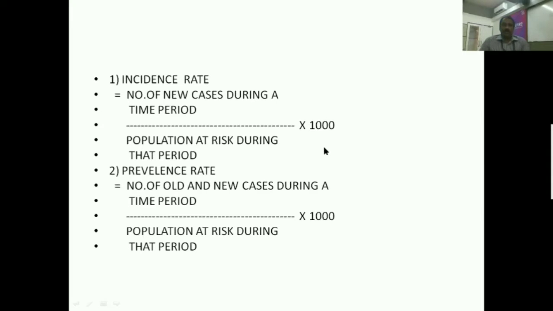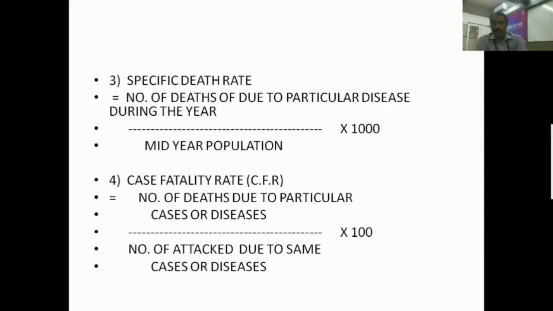The next one is the prevalence rate. In the prevalence rate, we are going to consider both old and new cases. So the number of old and new cases during a particular time period divided by the population at risk during the same time period, times 1000, gives us the prevalence rate.